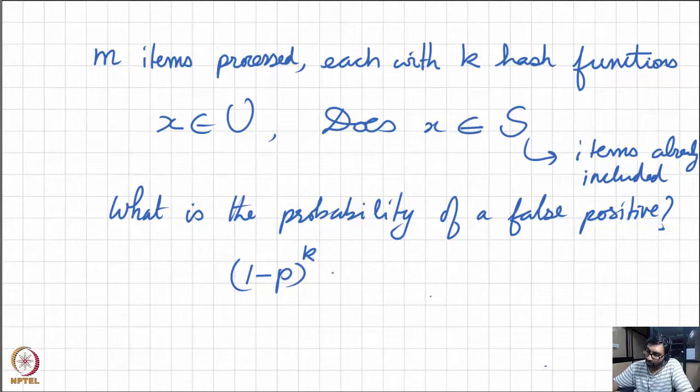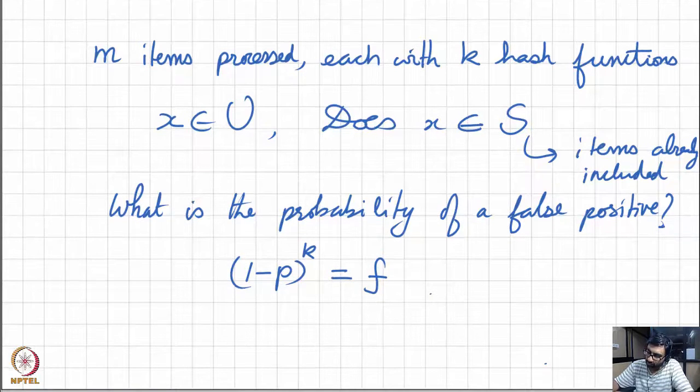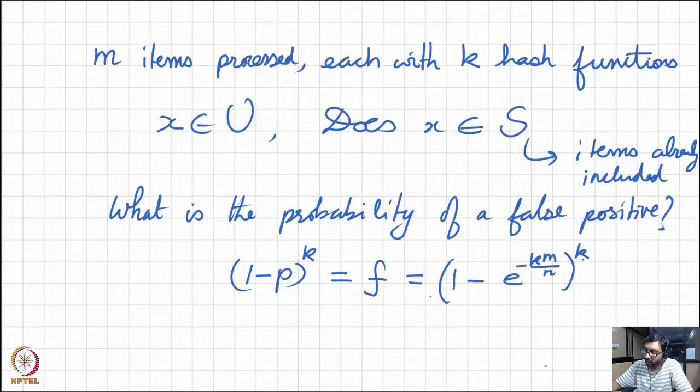Let's denote this by f, and let's expand it out to see what it looks like. f is going to be (1 minus e raised to the minus km over n), the whole raised to the power k. Now let's make sure our intuition fits this formula. Remember, f is the probability of a false positive.